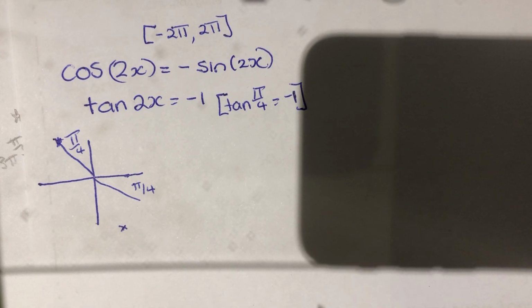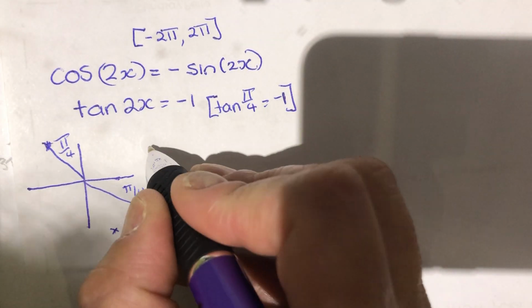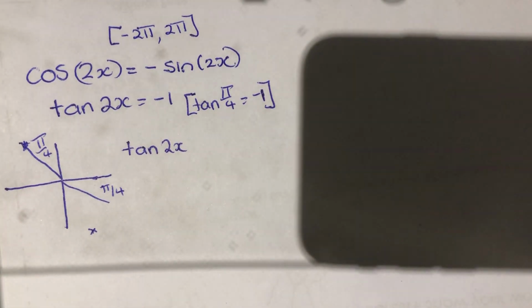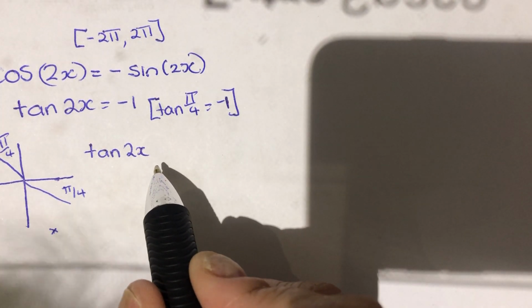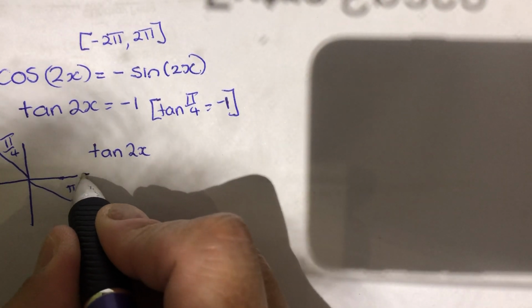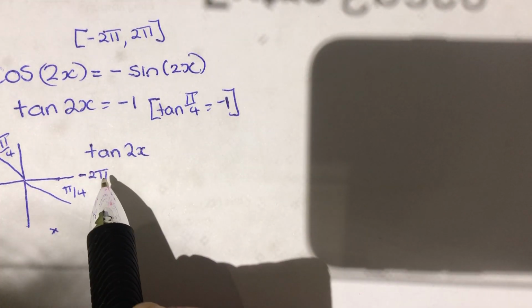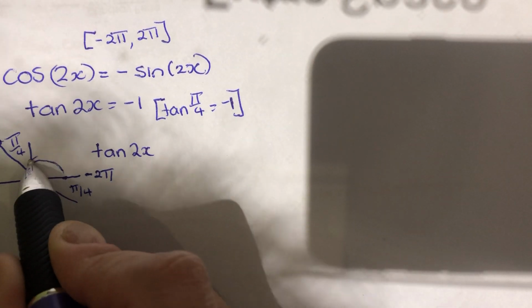All right, so let's see. We're going to have tan of 2x because that's what we're using now is equal to, so if we start here at negative 2 pi, we want to go all the way to here.